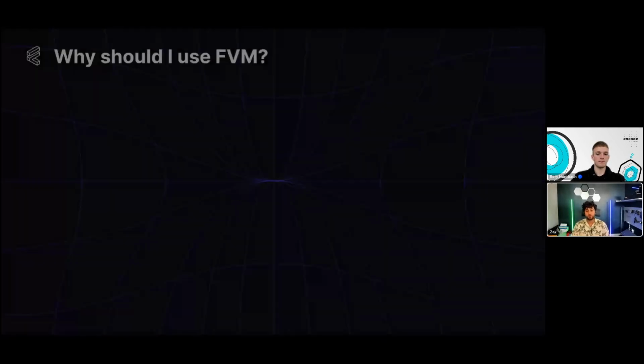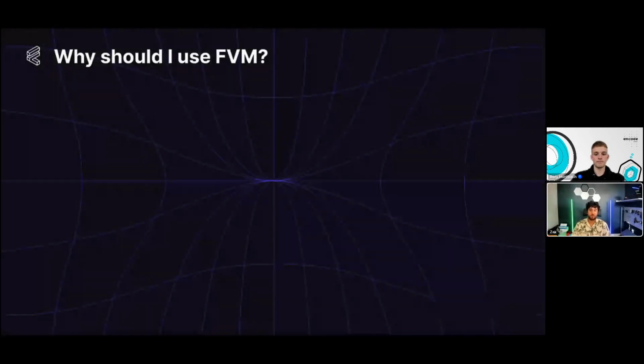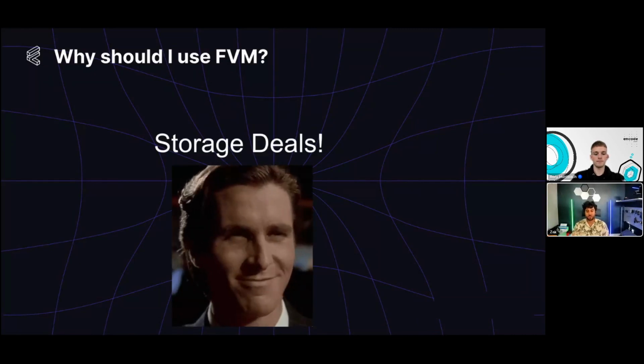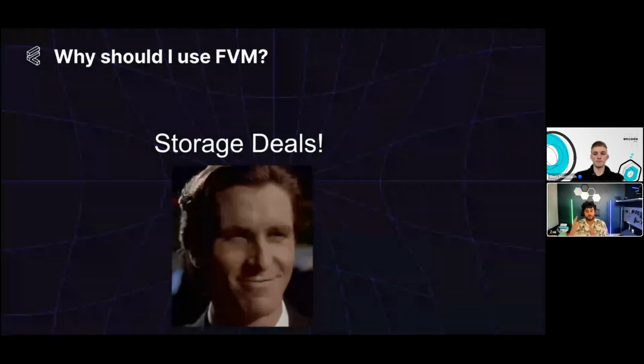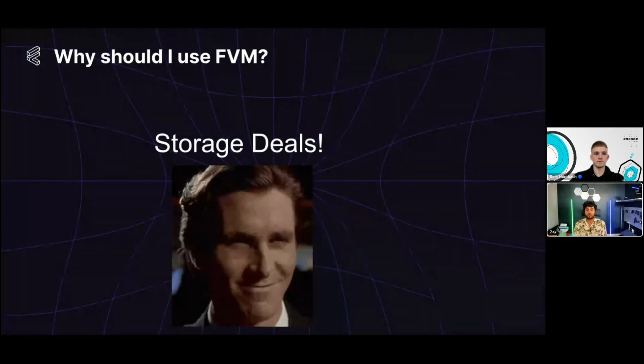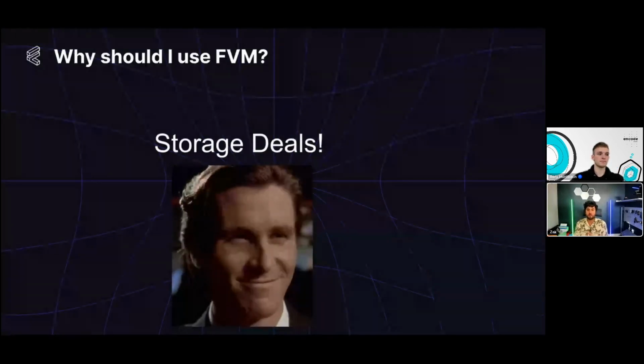So why should you use the FVM, right? We've been talking about the architecture and what it can give you, but why would you use the FVM over, say, any other EVM-compatible chain? And the answer is pretty simple. It's storage deals, right? Storage deals are a native primitive available in the Filecoin blockchain and FVM that isn't available in any other EVM ecosystem.